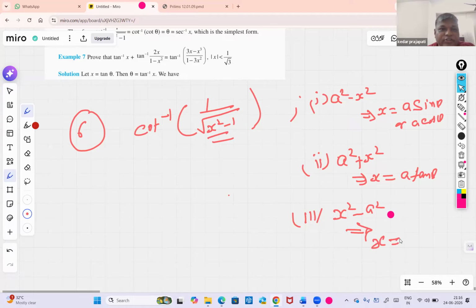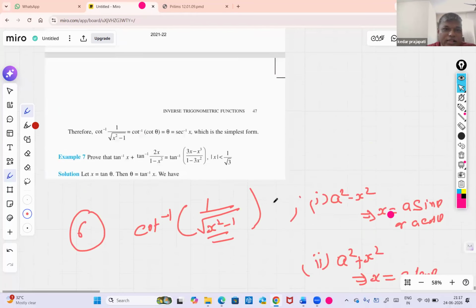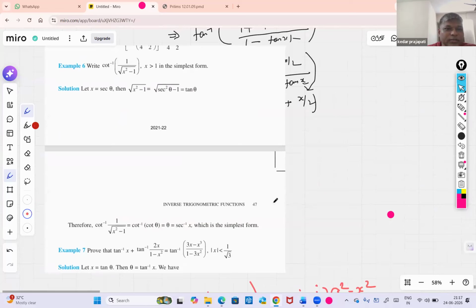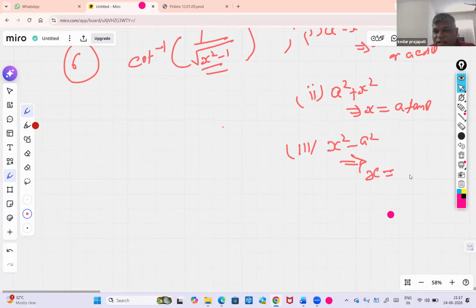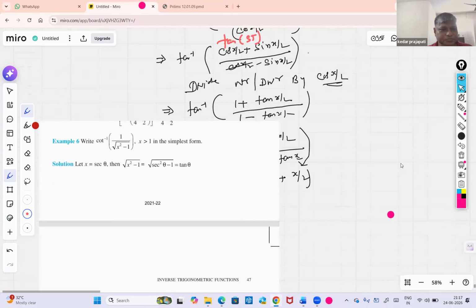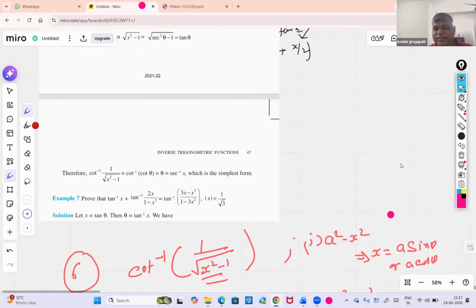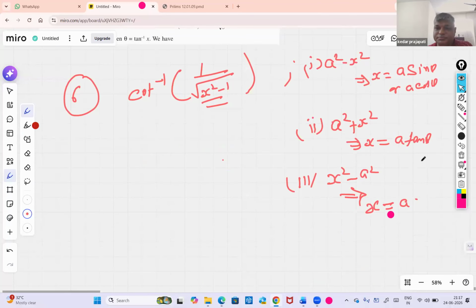Do it by x equal to a sec theta or x equal to a cosec theta.